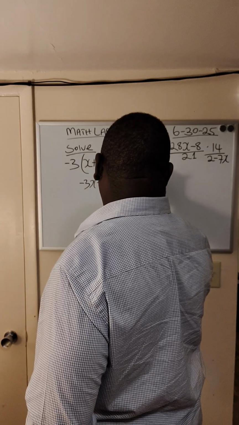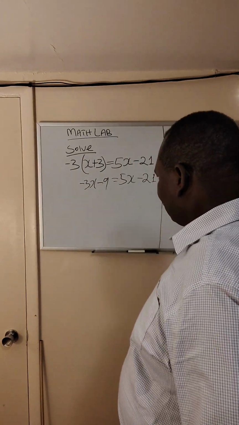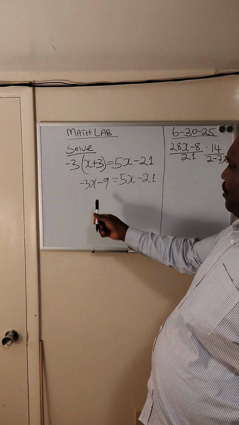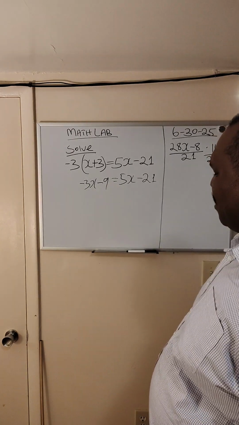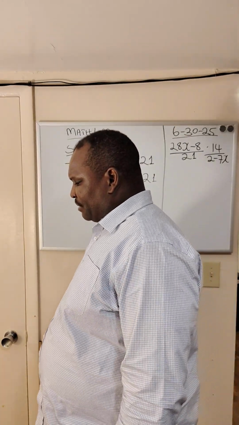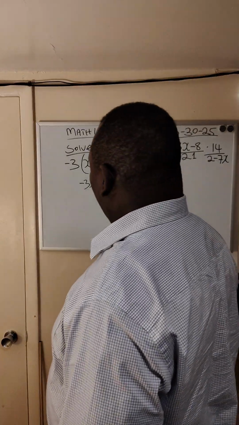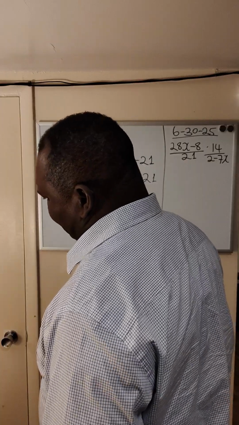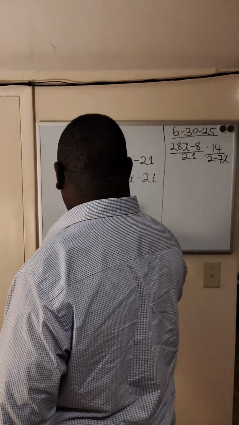5x minus 21. Notice that we still have a -3x. We need to take care of that -3x, so we have to divide by -3.